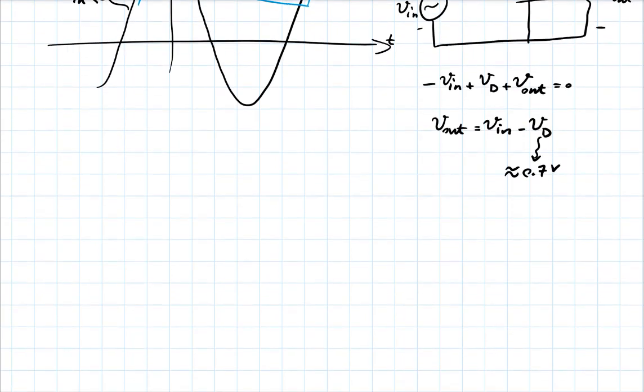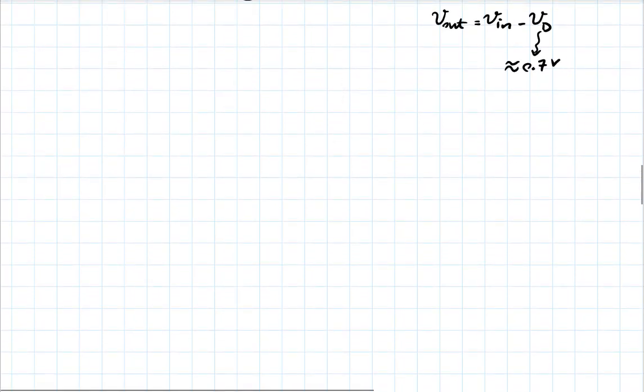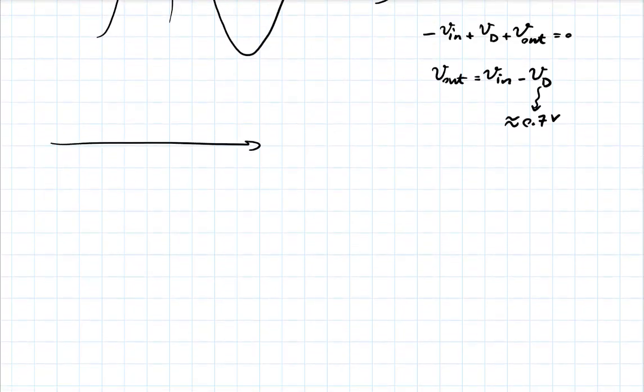So if we look at the different models for the diode, starting with the very simple one that is our ideal diode. This was the first one. And then this is the other one that we just used. Or I can just call this 0.7 volts. But what if we try to make it one step more realistic? So maybe something that goes like this.